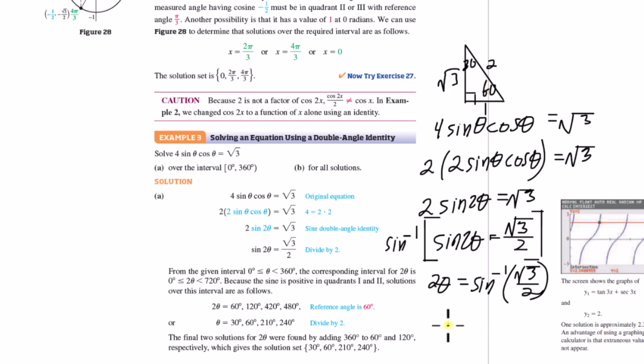So we've got 2 theta is equal to 60 degrees. And then in the second quadrant, what angle has reference angle 60 degrees? That would be 90 plus 30, 120 degrees. So the answer is 2 times 60 degrees, 120 degrees, or any angle that's coterminal with those. 2 times those angles. See?